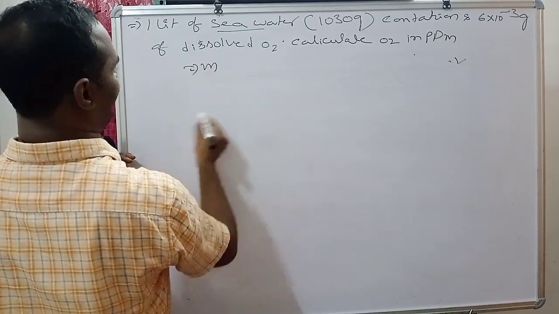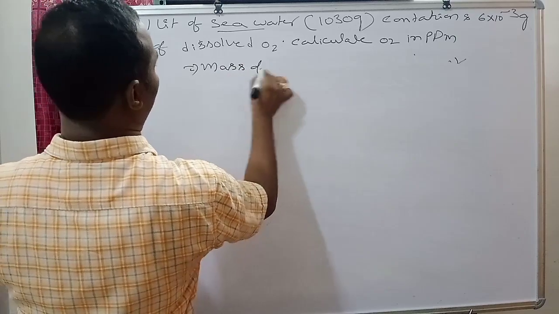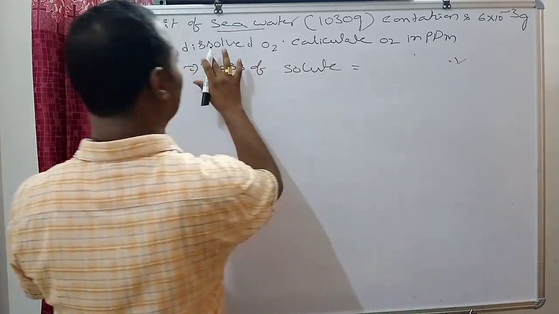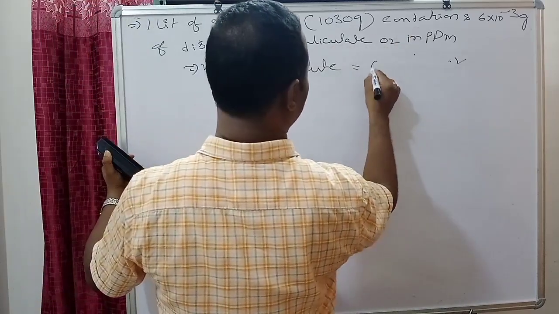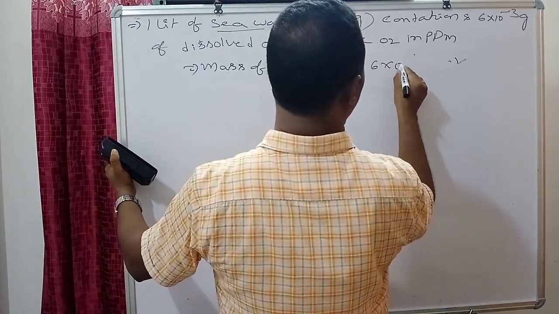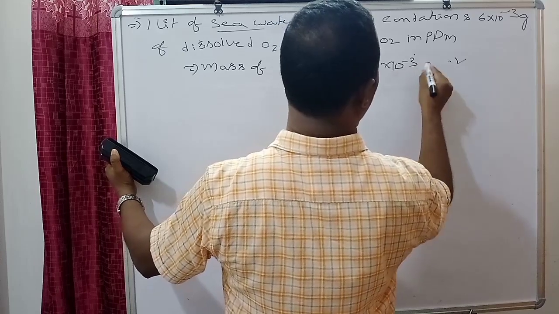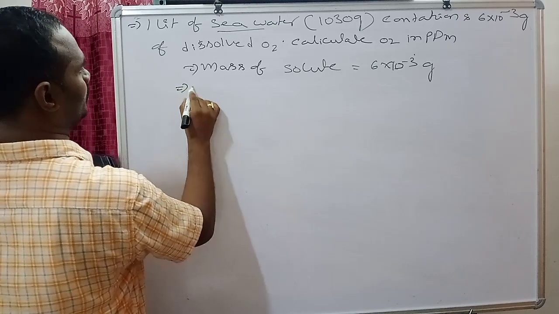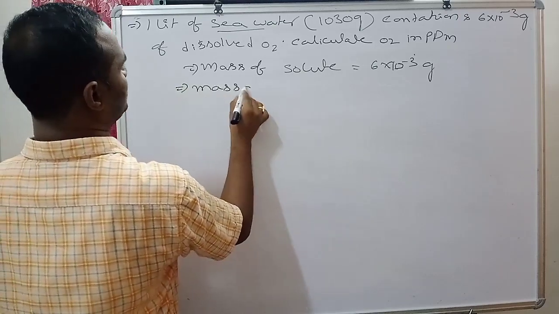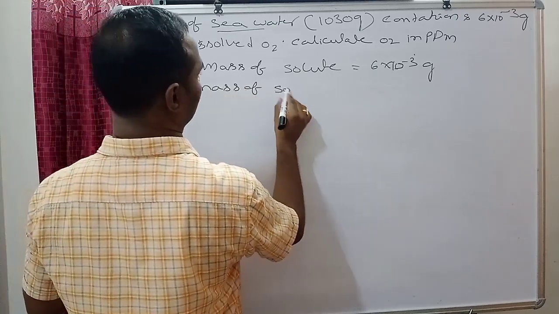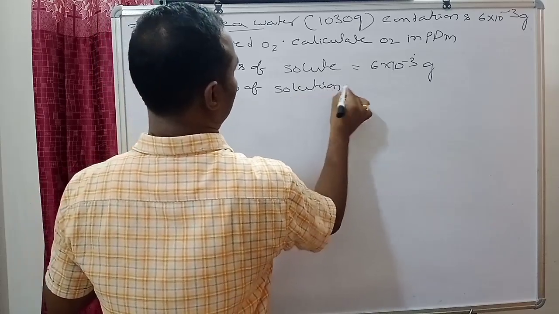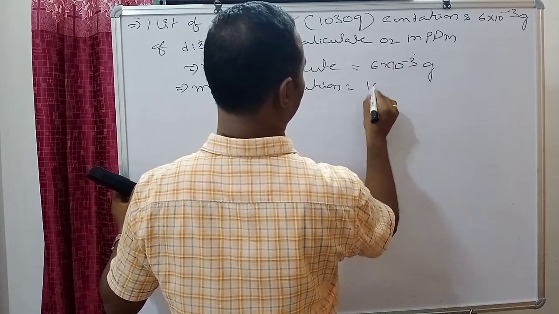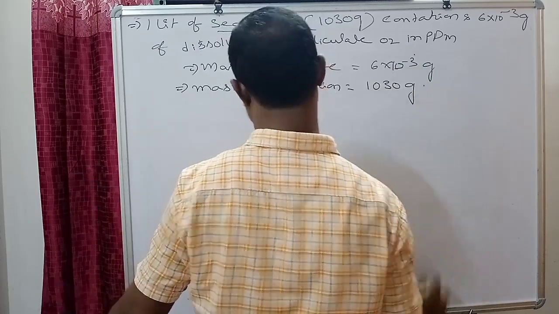First, based on given data, mass of solute. What is solute? Less quantity substance, oxygen. How much? 6 into 10 to the power minus 3 grams. Mass of solution is 1030 grams.